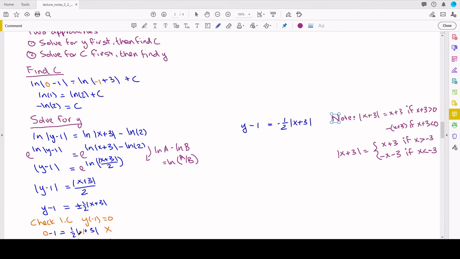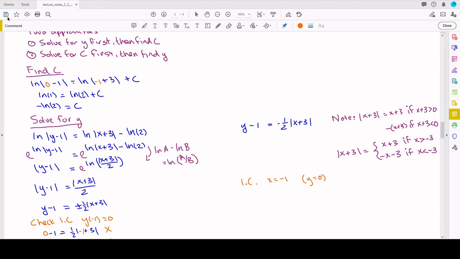And now let's think about our initial condition. If we look at our initial condition, x is -1. The initial condition tells us that x equals -1 and y equals 0. But if x is -1, that's greater than -3. So this right-hand side just becomes x plus 3.